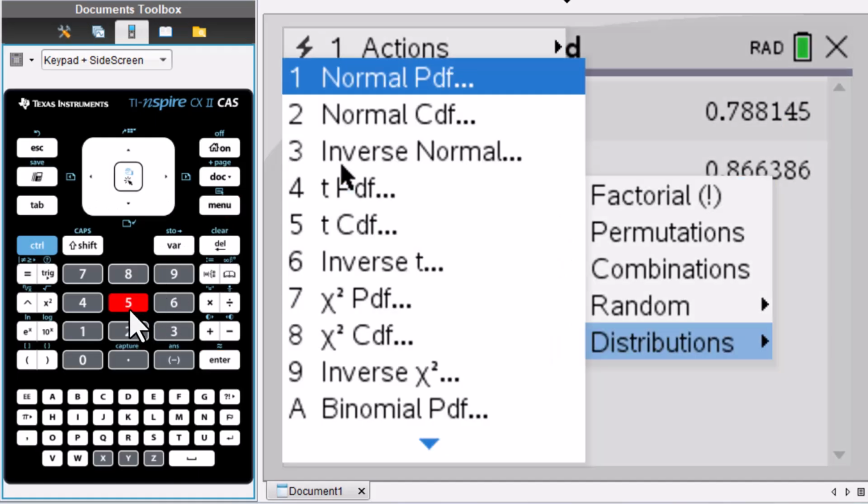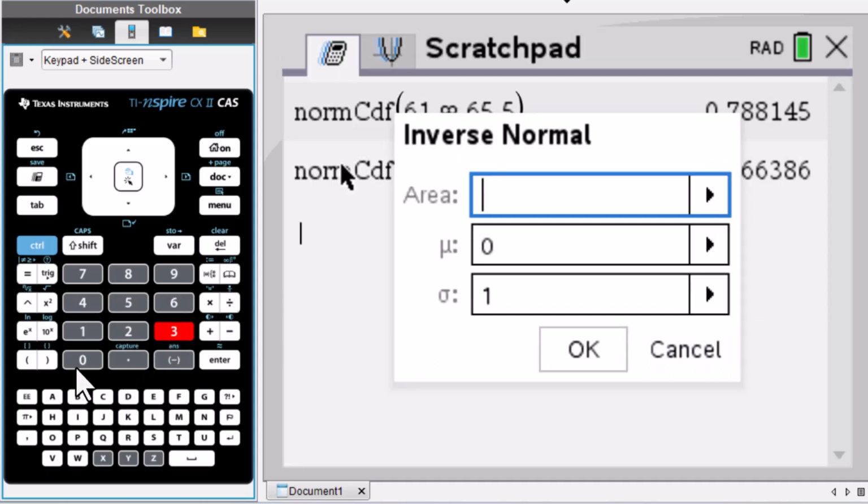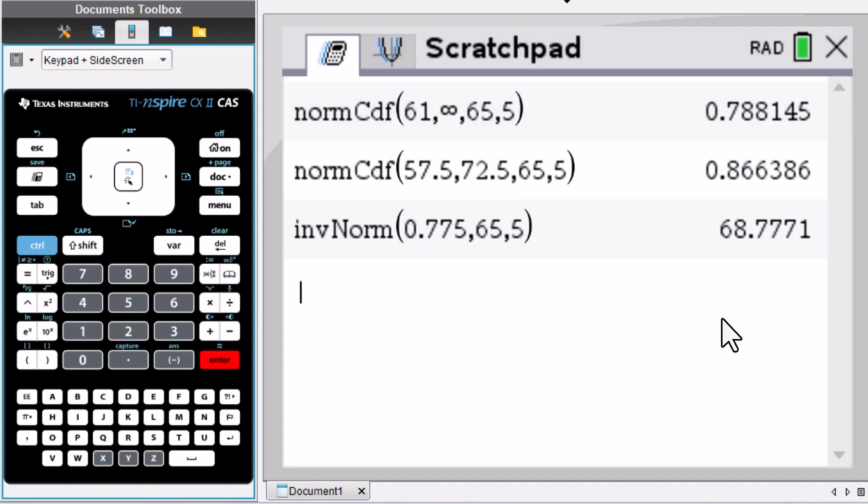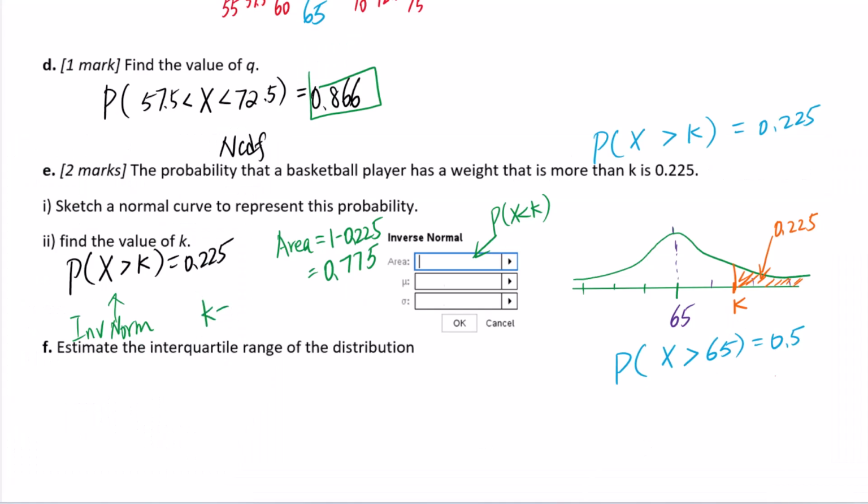Menu 5, 5, 3. 0.775. Mean 65, standard deviation 5. Enter. Answer is 68.8. K equals 68.8.